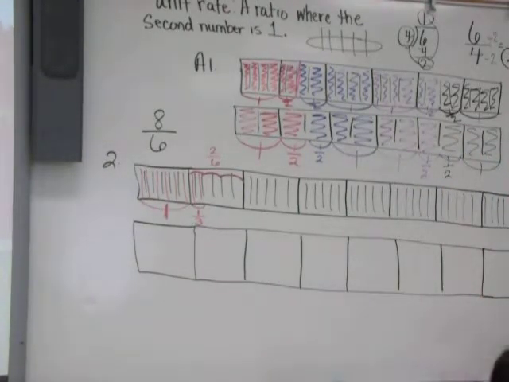And if we went down and colored 8 of these 6 times, it would take up the whole gummy worm. So under this one where it says how much, each person gets 1 and 1/3 segments of a gummy worm.